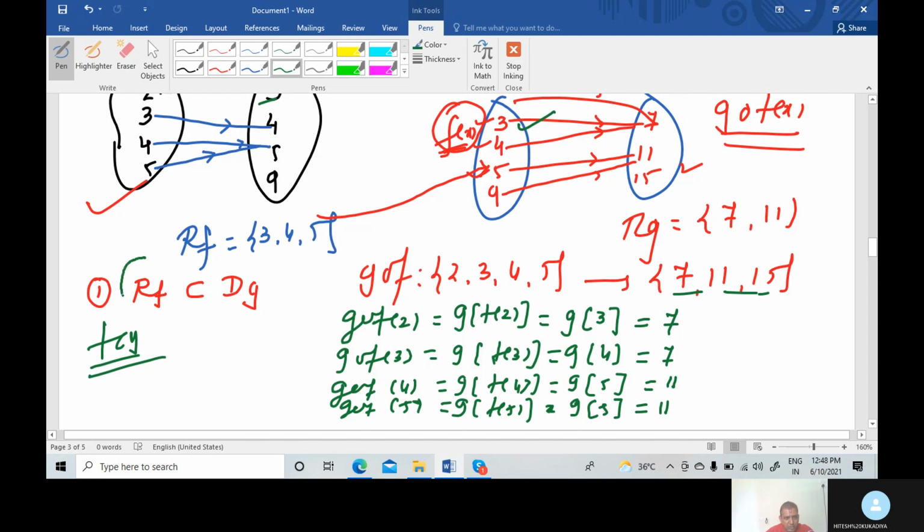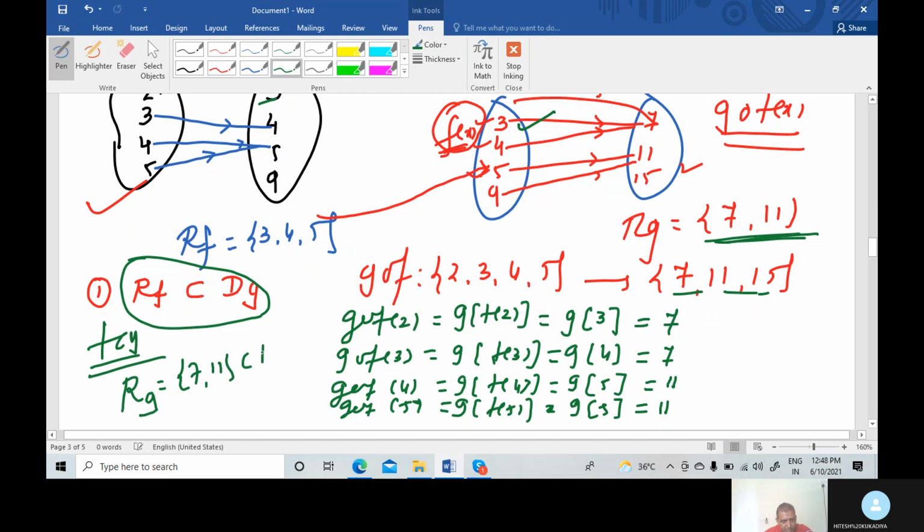GOF is possible when the range of F is a subset of the domain of G. Now the converse: range of G. Range of G is what? Range of G is only and only 7 and 11.